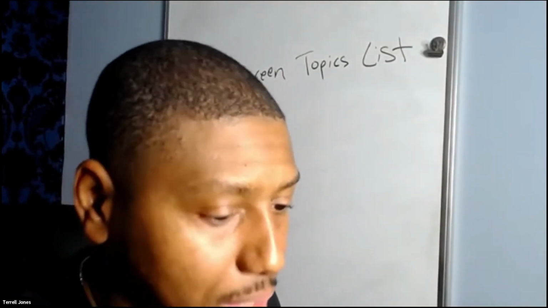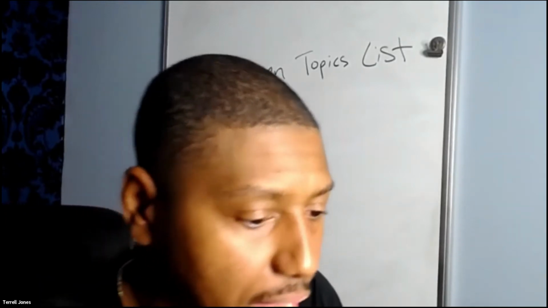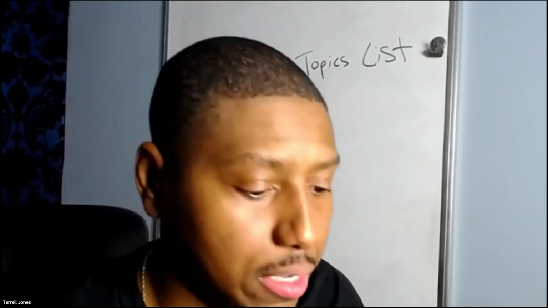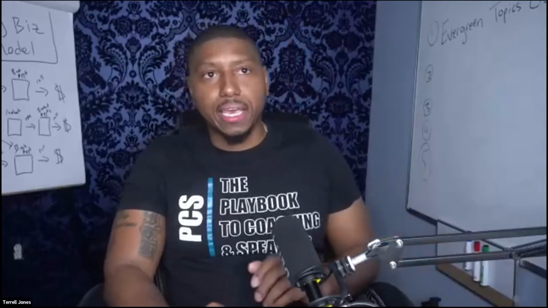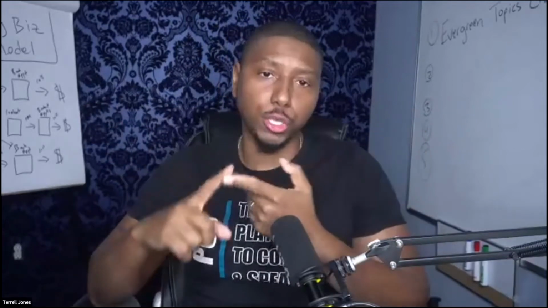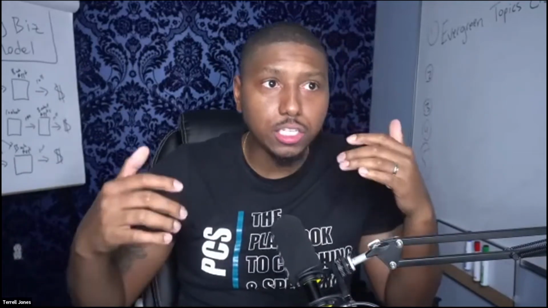An evergreen topics list is a running list of topics that you're always going to have, that you're always going to use. What this looks like is I have on my phone a list of topics, and every time I think about a topic, or anytime I come across a YouTube video or Instagram video, or have a personal conversation with somebody, I write the topics down.